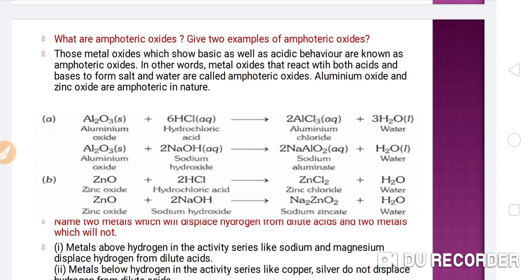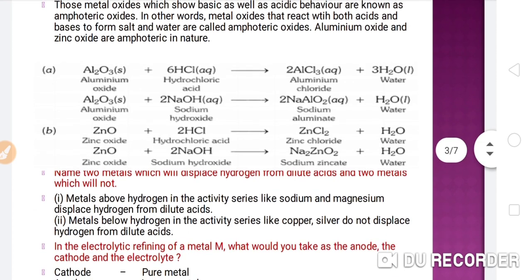A similar reaction is shown by zinc oxide. It will convert into zinc chloride when reacting with hydrochloric acid and water will form. And when zinc oxide reacts with sodium hydroxide, it will convert into sodium zincate and water will evolve. So here are both examples of amphoteric oxides.